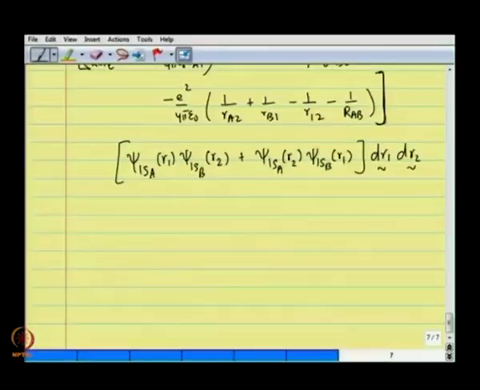We have used a linear combination psi 1s A of r1, psi 1s B of r2, that you see here on the screen, plus psi 1s A of r2, psi 1s B of r1 as a starting point.